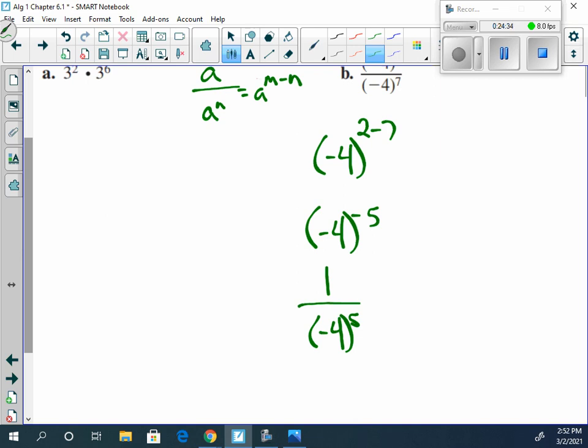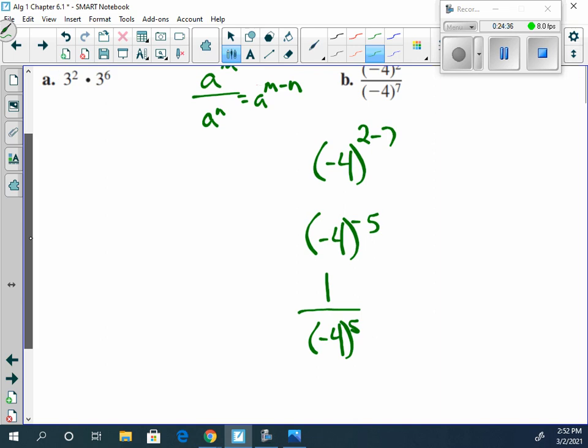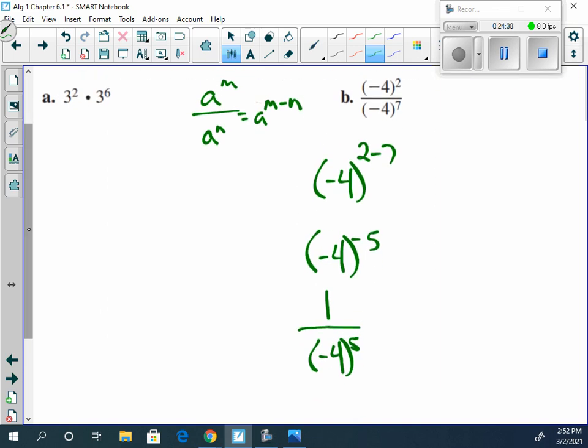Right, because if the bigger exponent was on top, it would be positive, which would mean we could leave it there. But because it's bigger on bottom, the negative exponent has to move to the denominator, and that's it. Questions on this here?